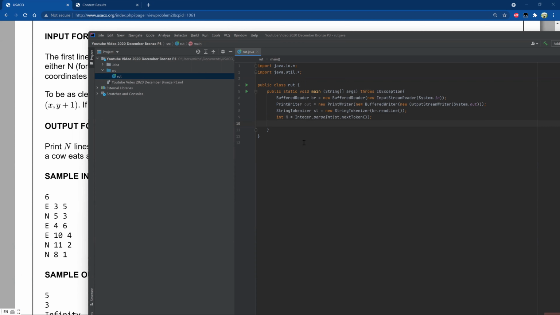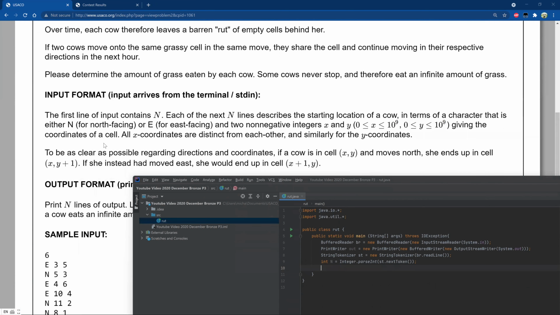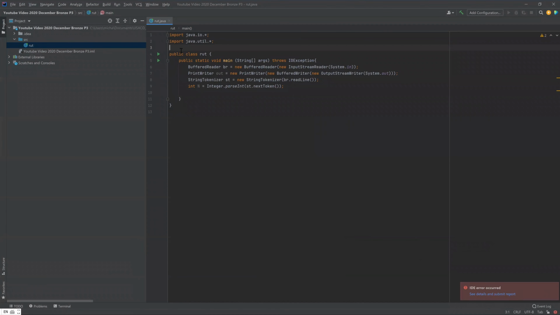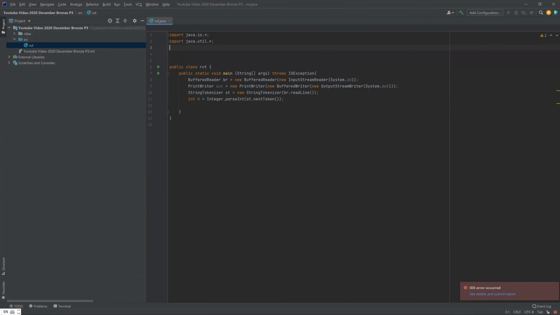Now I need a cow class, because we have many different cows and they each have the attributes of direction, x, and y. I think it would be easiest if we added a cow class. So let's do it.